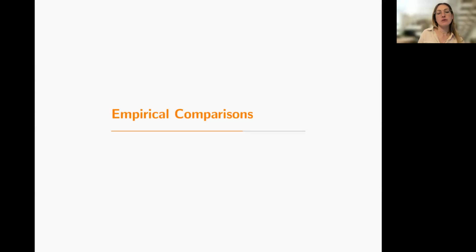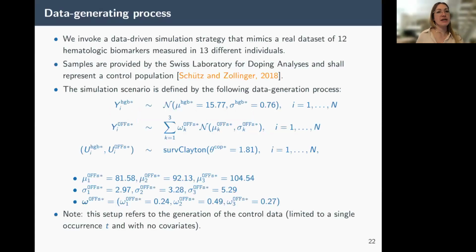So let's now, working together on the extension A and B, look into some results we got. The first results relate to some simulation studies, and these simulation studies are entirely guided by a real data set of a control population.